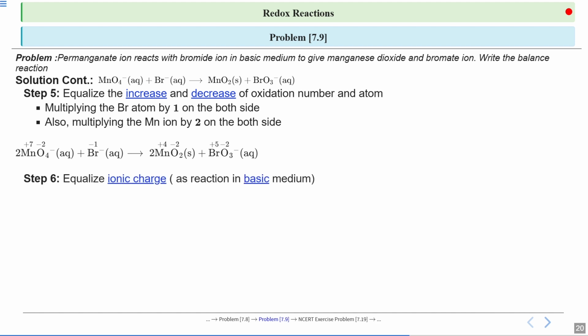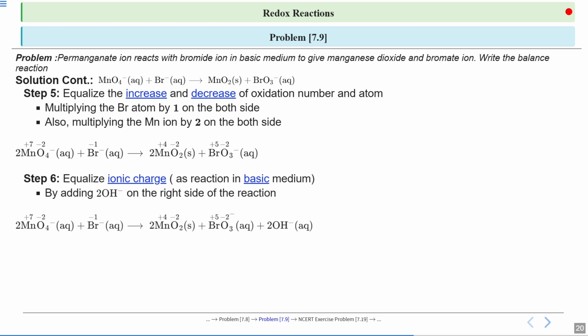So in step 6, as all the atoms are balanced now, what is our main point? Our point is to equalize the ionic charge. As the reaction is taking place in basic medium, we will add the hydroxide ion on the right hand side of the reaction. And how much hydroxide ion would be added to the right hand side?